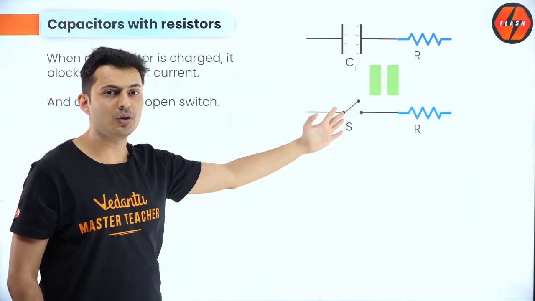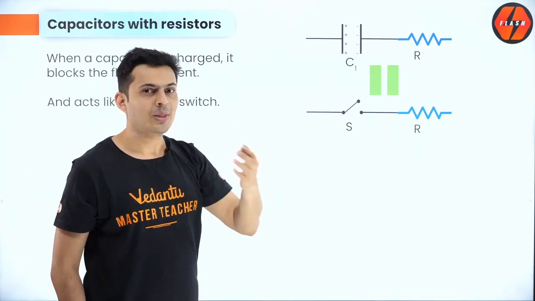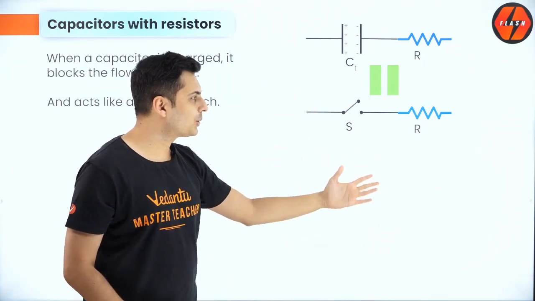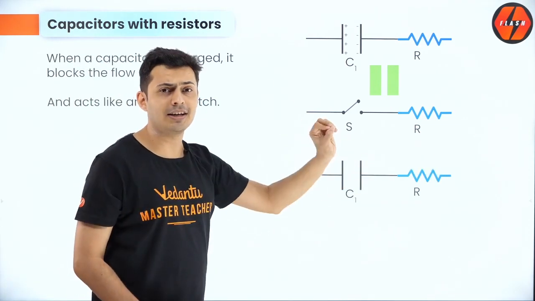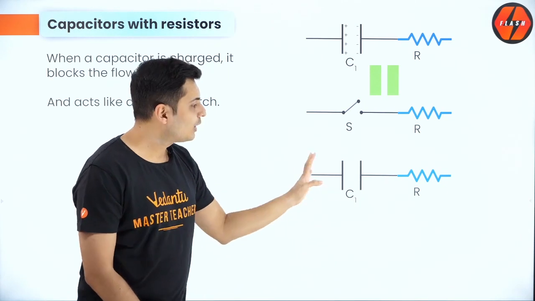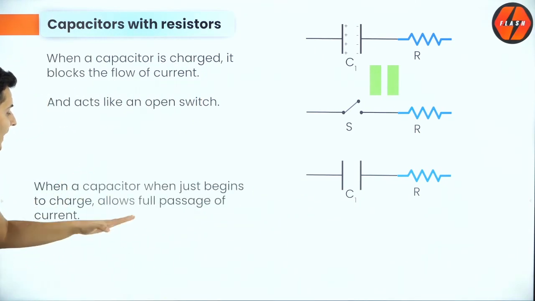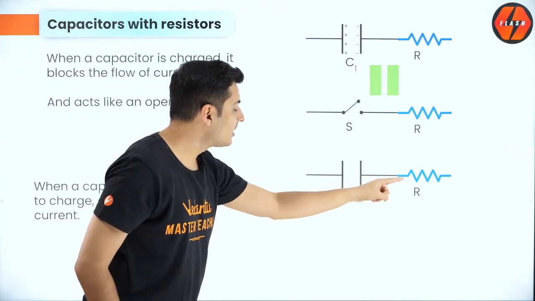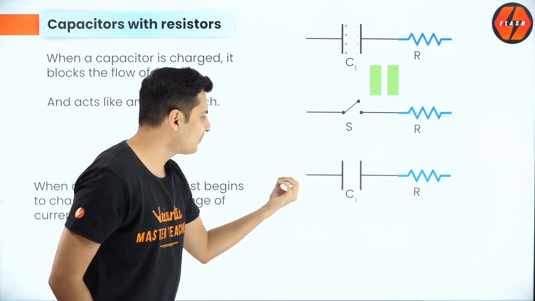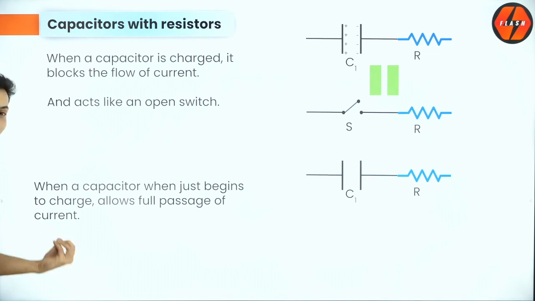I have given this to you in my previous session. Now I'll add something more to this. If a capacitor is just connected, it's not even charged right now. If you just connect it, it allows the flow of charge, and this capacitor behaves like a wire.